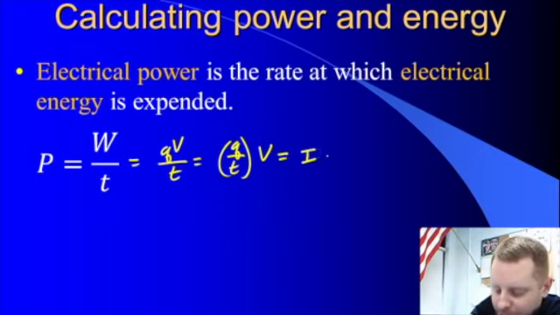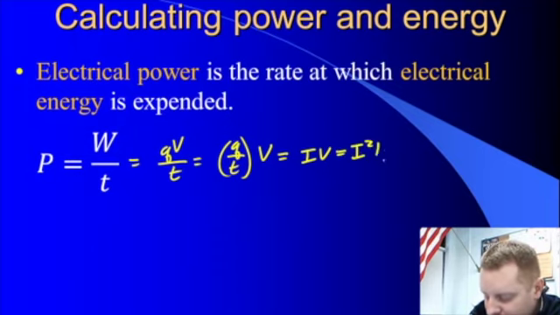So that's equal to current times potential difference. Now, if we also apply Ohm's law, remember that V equals IR, we could write this as I squared times resistance. Or, since I is equal to V over R, that's also equal to V squared over R.